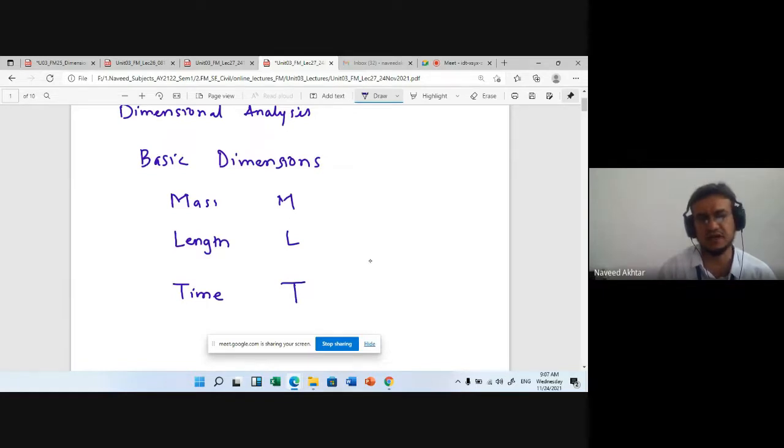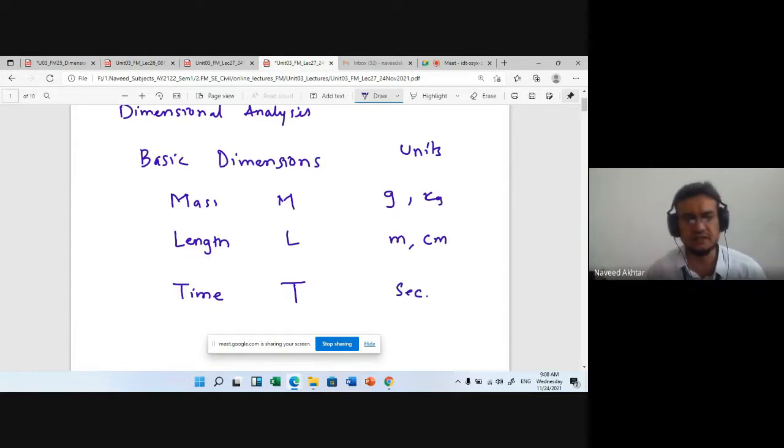In terms of unit, we are denoting mass as gram or kilogram, length we are measuring in meter or centimeter, and time we are measuring in second. Okay, so these are nothing but the units, and these are the dimensions.